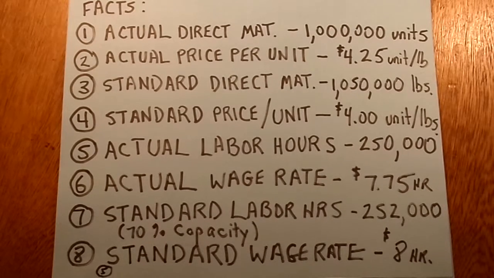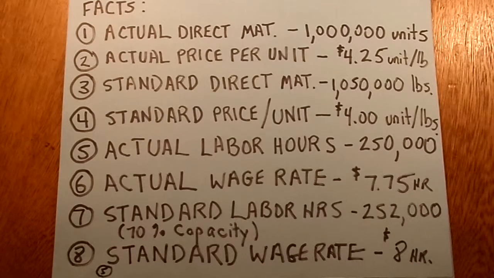The actual price we paid for each of the 1,000,000 units, and the units turn out to be pounds, was $4.25 a pound. The standard direct materials, our budgeted direct materials, are 1,050 pounds. Our budgeted price per unit is $4 a pound.